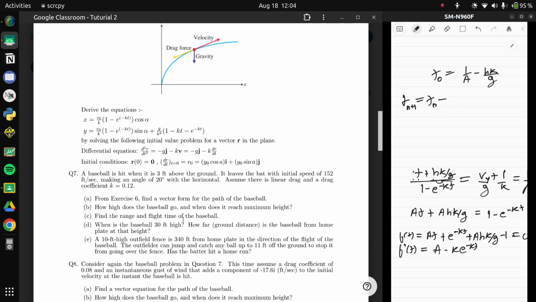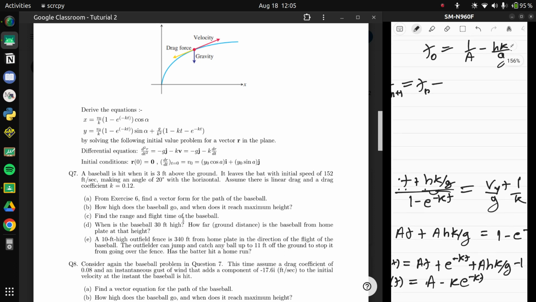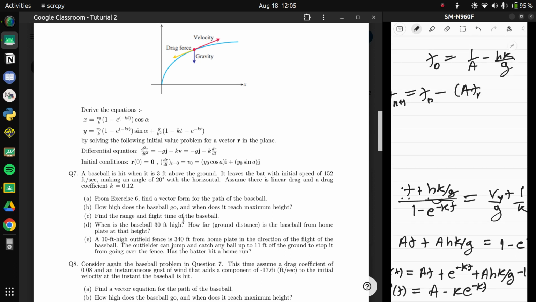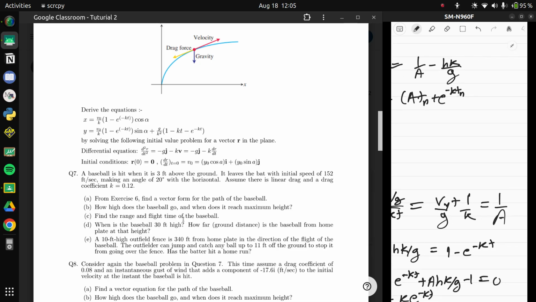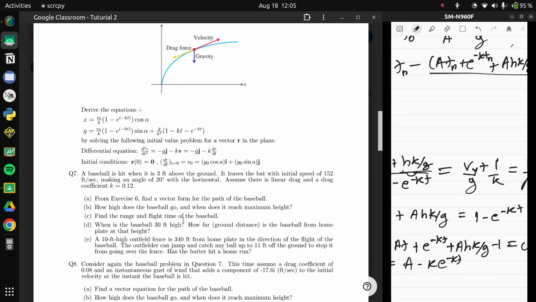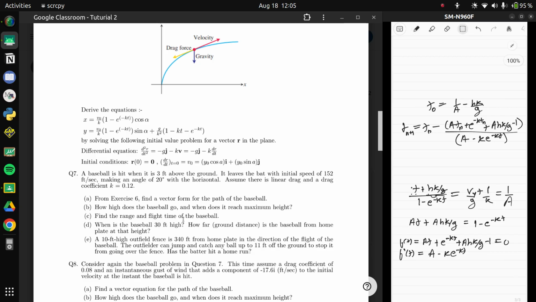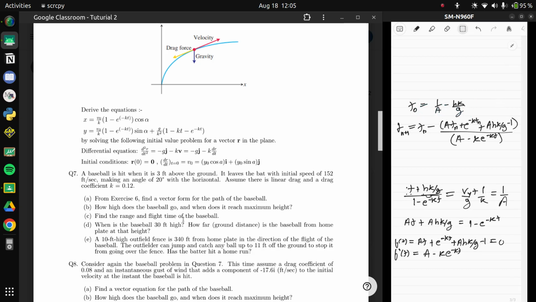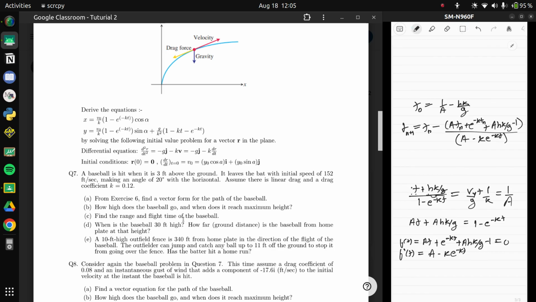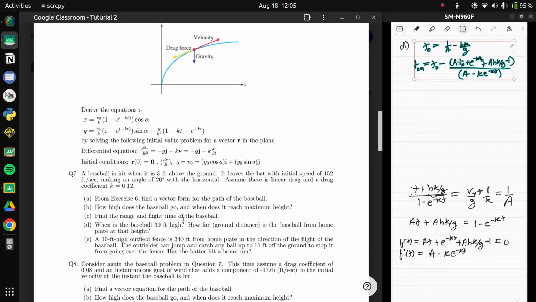And by the way, I'll actually have to code all of this eventually, so wish me luck. a tn plus e power negative ktn plus all of these funny constants. And that's going to give me a good approximation of the solution. Problem is I can't really just find an analytical solution to this because you've got these weird exponentials and all that, so this is the best I can do.